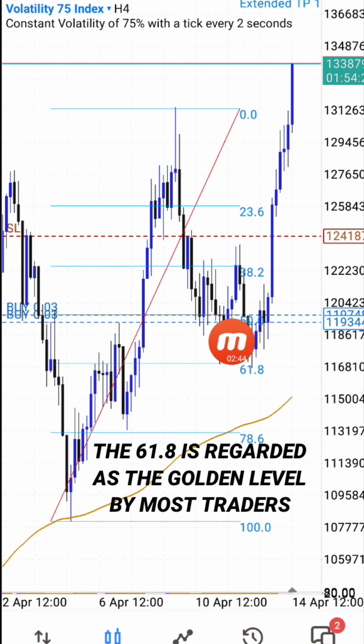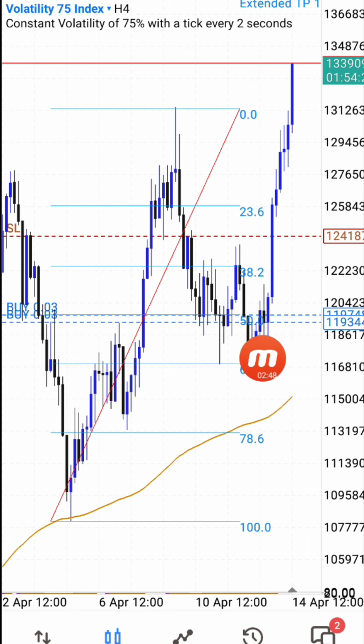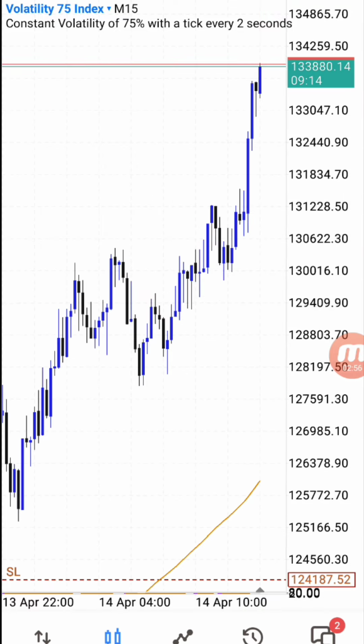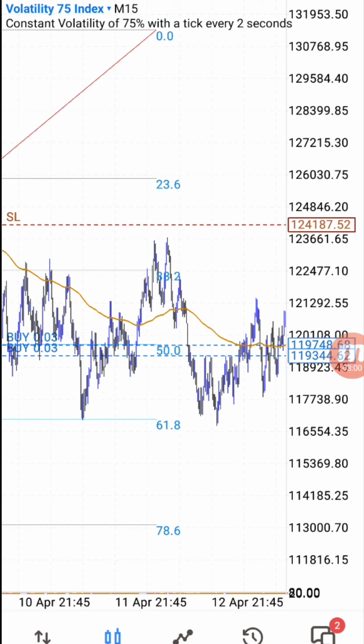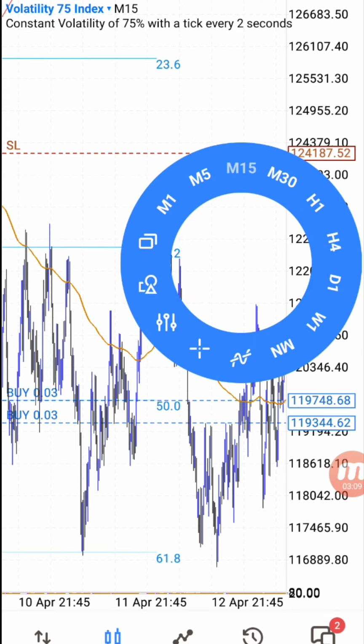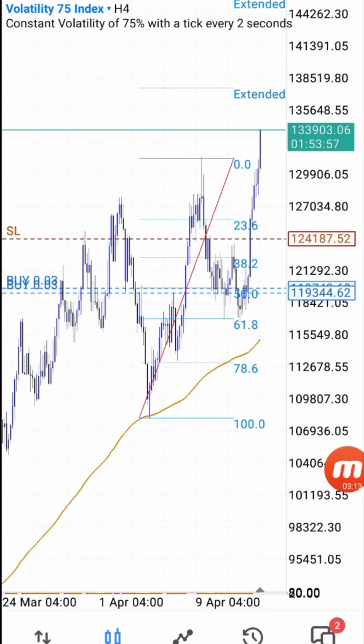And then it moved up again and came back, creating a kind of double bottom or equal lows. Now, if you go to a lower time frame on this, the 15 minutes time frame, you're going to see that it was actually equal lows or a double bottom. As you can see, this is at this point. And that was what informed my decision to take the trade, right?